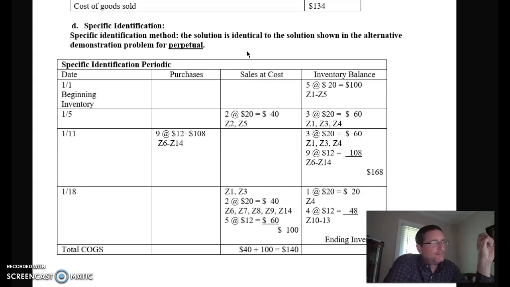So anyway, jewelry stores, anything with a very high dollar, low volume, very specific inventory, they use specific identification, okay? I'm even thinking maybe we could look it up in their financial statements. I'm not going to. When I say we, y'all could.